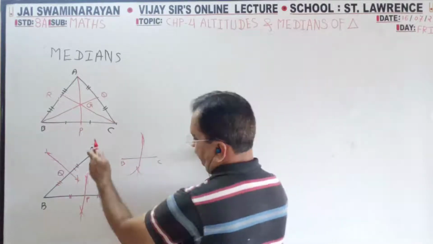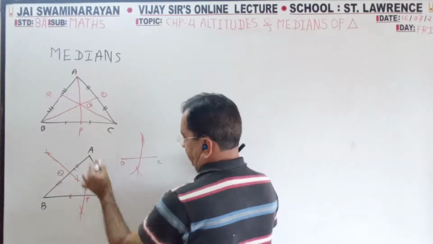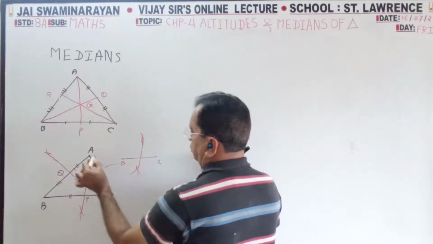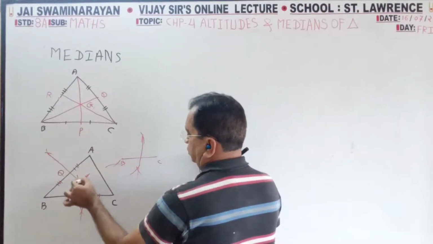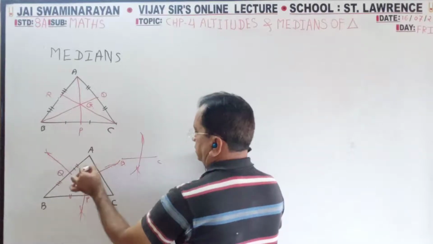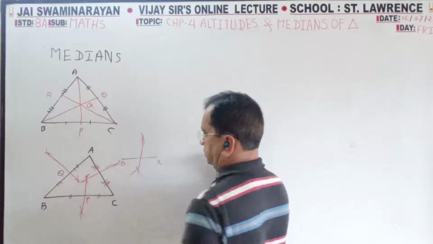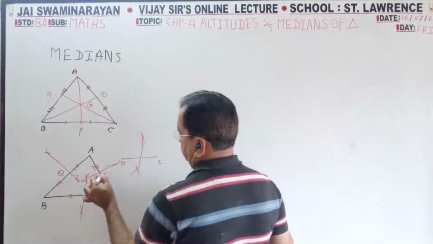Now the AC midpoint I want. So from C 1, 2. From A 1, 2. Now join this. So this is P, this is Q, this is R.